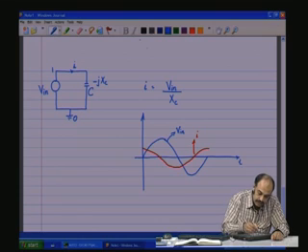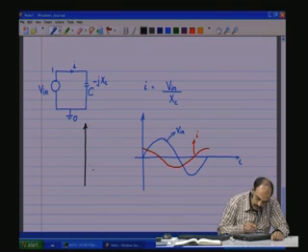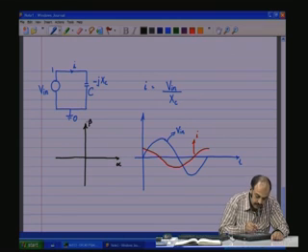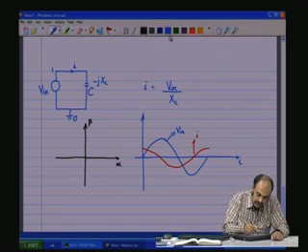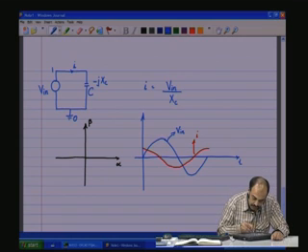Now let us see how it gets projected onto the alpha beta axis. What is our reference? Reference is the input voltage. It is starting at 0. It has an amplitude Vm. So, this is our V in.